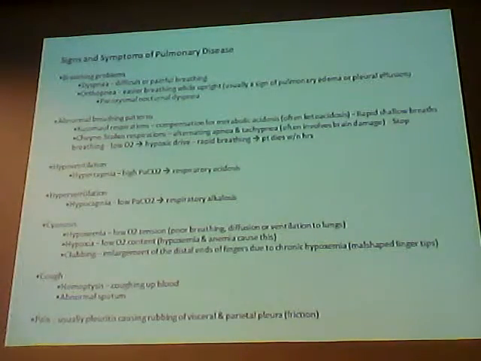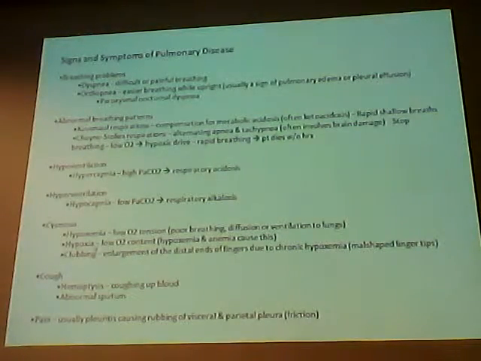Kussmaul respiration, you'll see that in your clinical cases. That's like rapid shallow breathing. Cheyne-Stokes respirations, that's more like you're alternating between no breathing and very rapid breathing, and it's very easy for patients to die from Cheyne-Stokes respirations. Hypoventilation, you're not breathing very quickly. Over breathing.